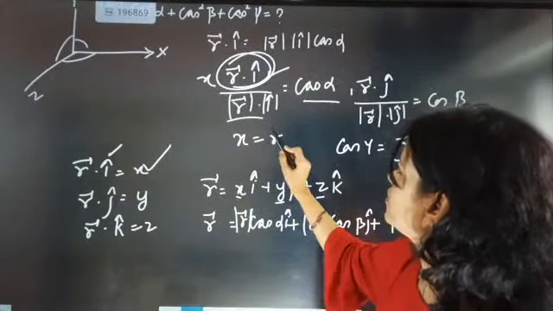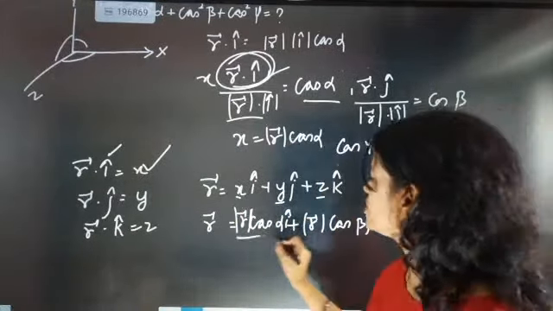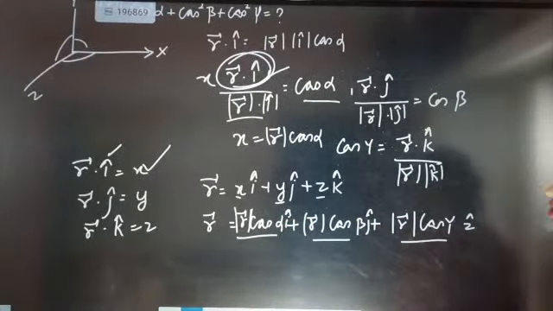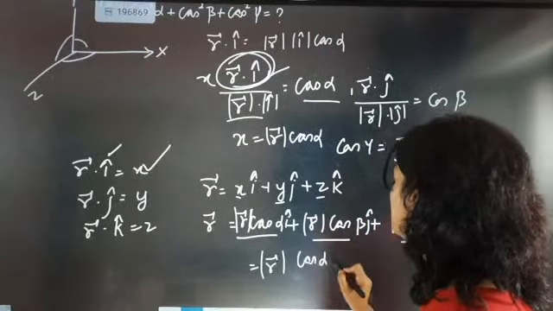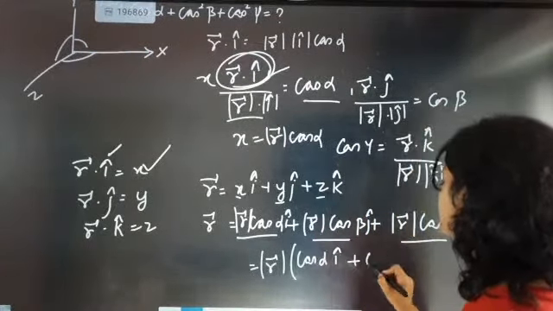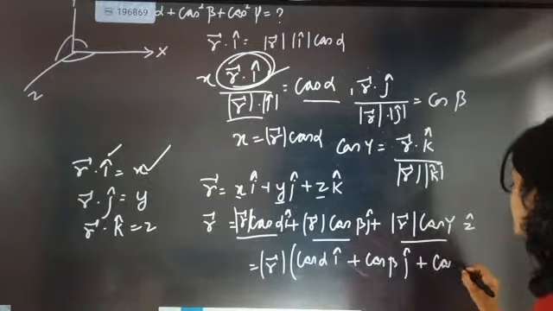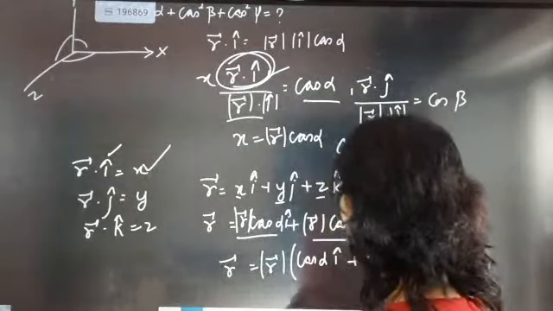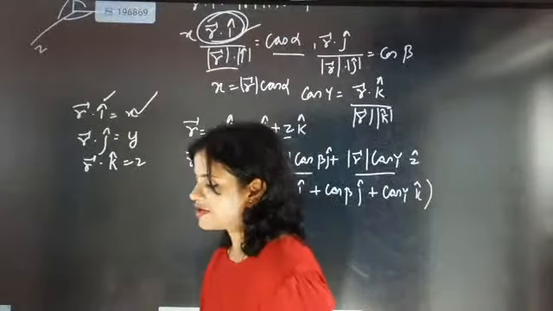So x will be equal to this magnitude cos alpha. So here instead of this, magnitude cos alpha i, magnitude cos beta j, magnitude cos gamma k. So this is coming as magnitude times cos alpha i plus cos beta j plus cos gamma k. Can I write like this? Equal to r vector, with magnitude.